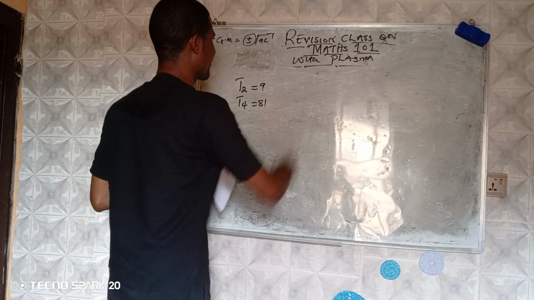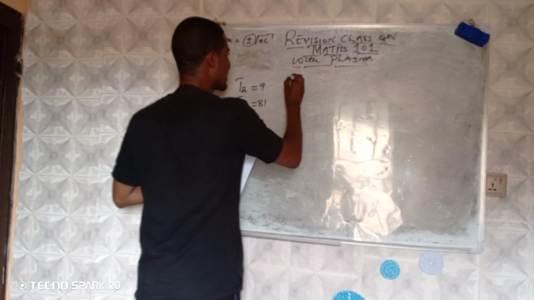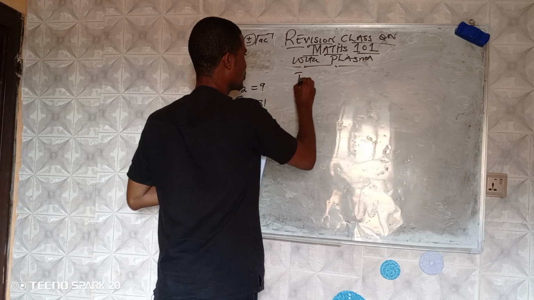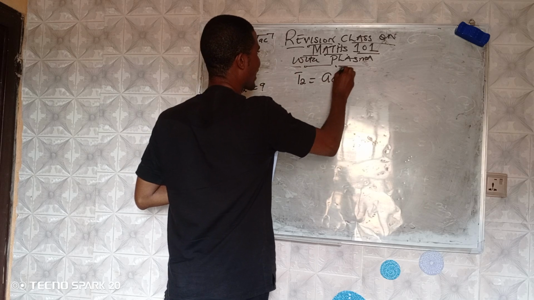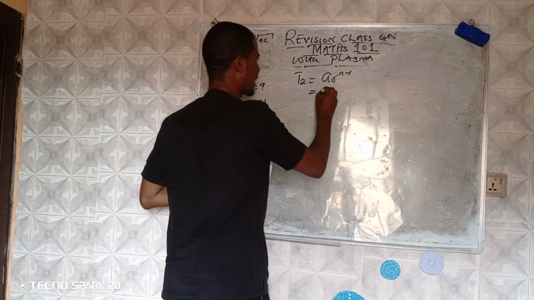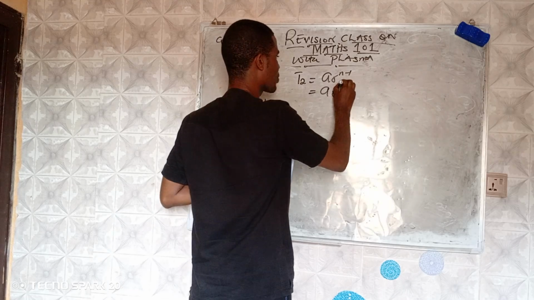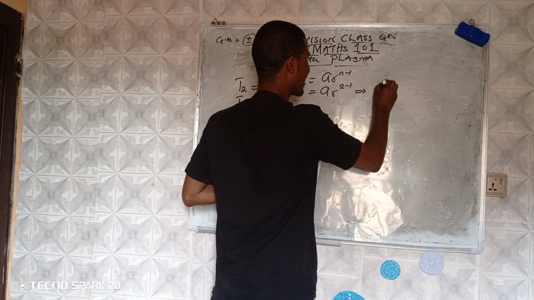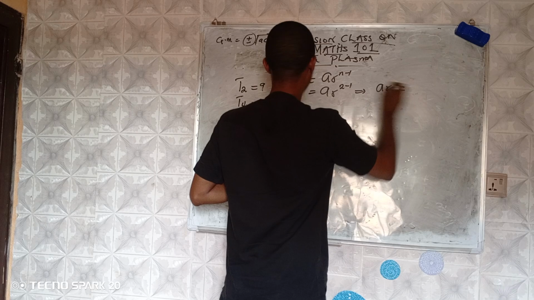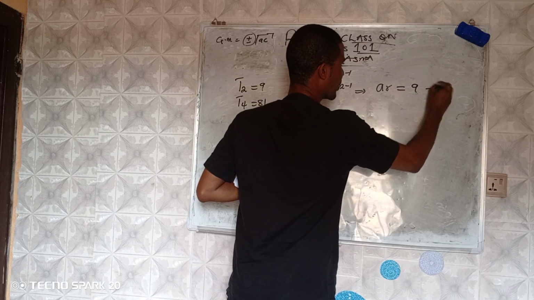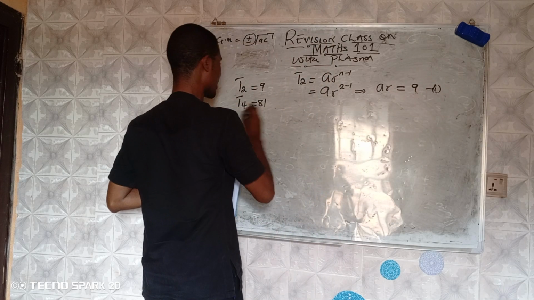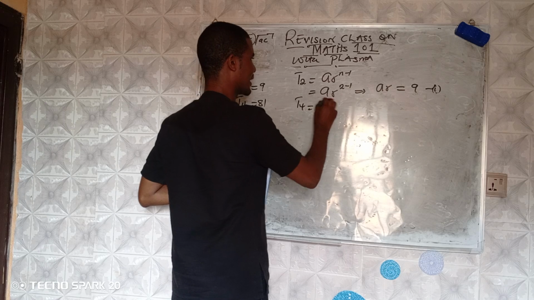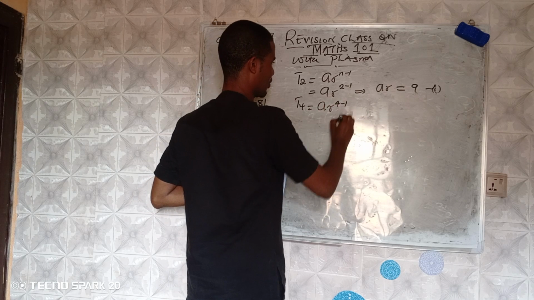Let me express this first. T2 is equal to ar^(n-1), which is the same thing as ar^(2-1). And this will give me ar equals 9, equation 1. This other one, T4, is ar^(4-1).